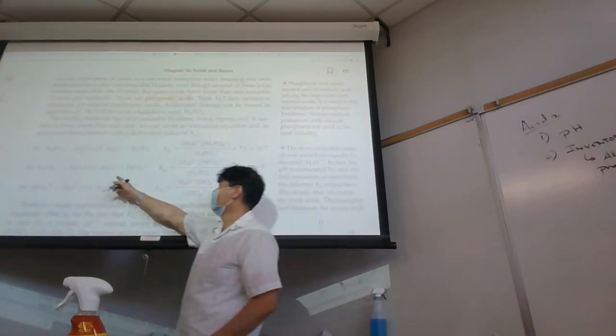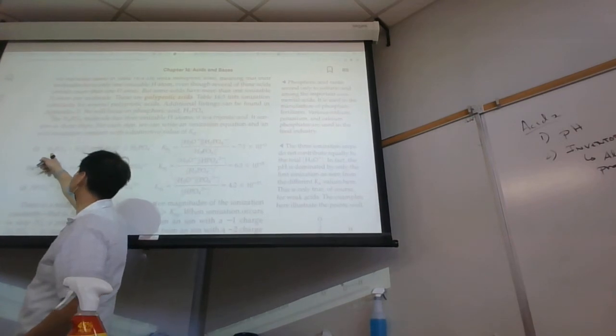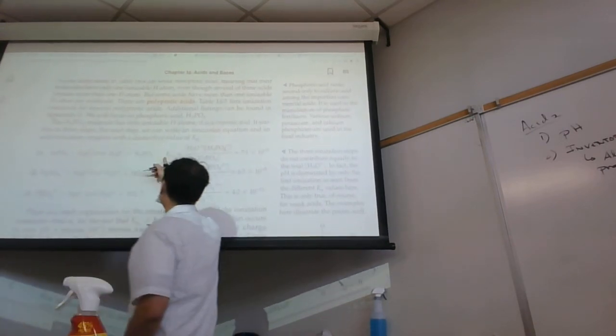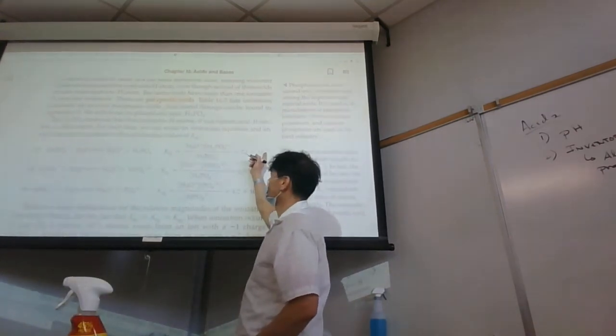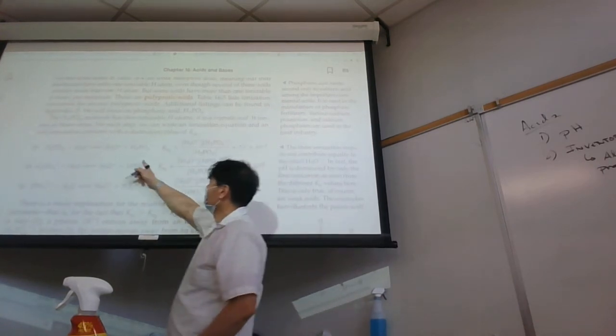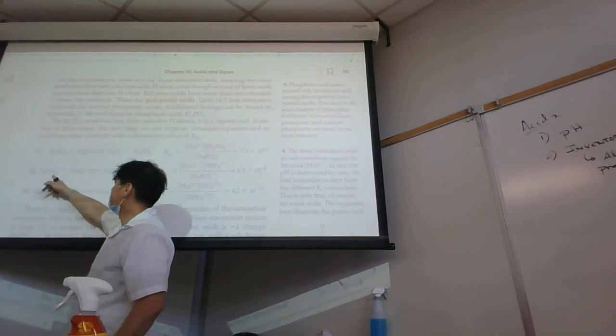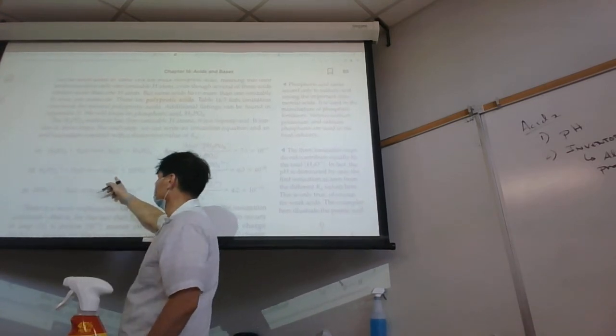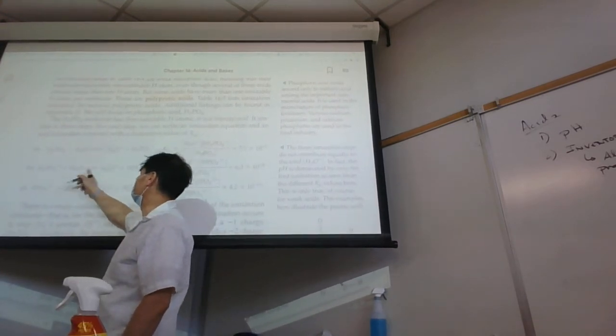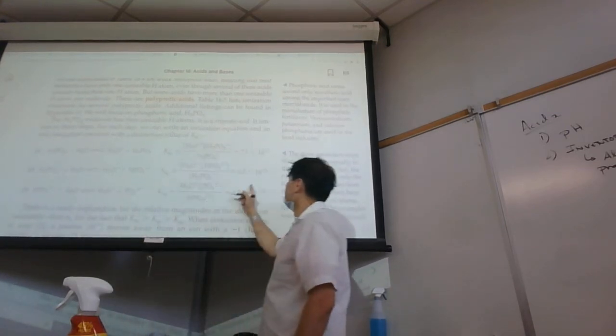This is the triprotic acid, so the first proton coming off to form hydronium, that's 7.1 times 10 to the minus 3. And then we're left with dihydrogen phosphate. Dihydrogen phosphate is also an acid. It's a much weaker acid, but it can lose an H plus to water to form a hydronium. That's 10 to the minus 8.